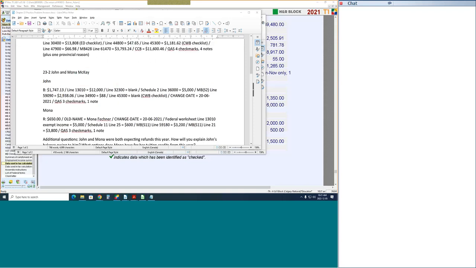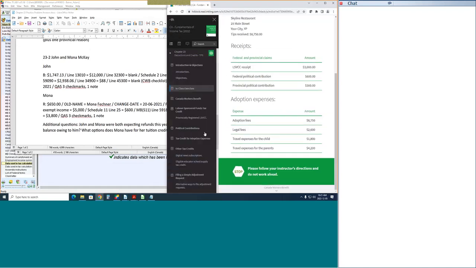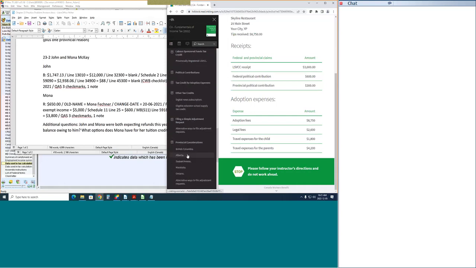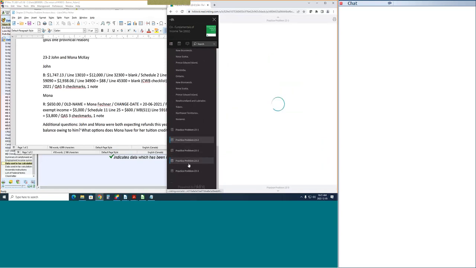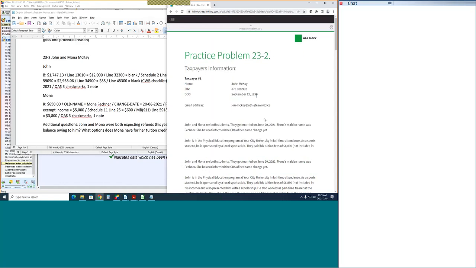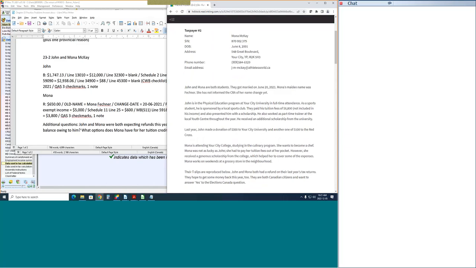Let's jump in first to our John and Mona McKay file, and I'm going to do this from our exercise, from our Inkling. So I need to find Chapter 23, which I'm in, and do a quick review. There were a few things in here you needed to notice about John and Mona. They're both students. They got married. We're going to do a name change for Mona.